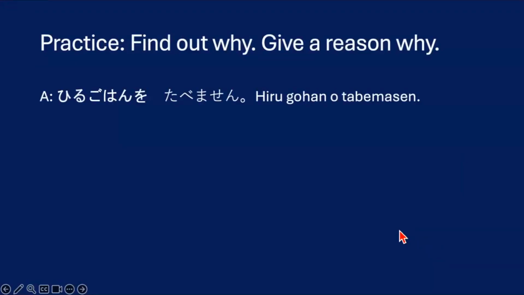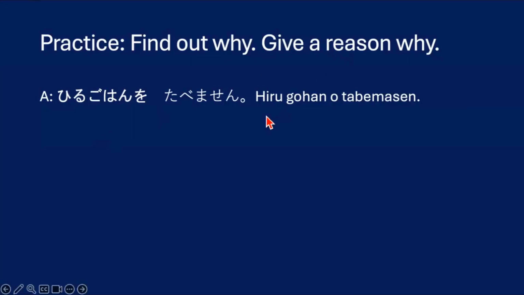There's a practice here. So 昼ご飯を食べません. Okay, so I don't eat lunch. So I want to know why. どうしてですか? どうしてですか is why. So maybe you can explain. Maybe I can say お金がありませんから. お金がありませんから. I don't have any money.